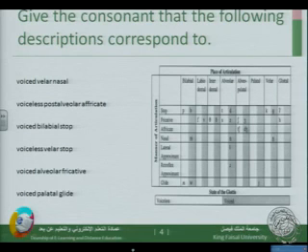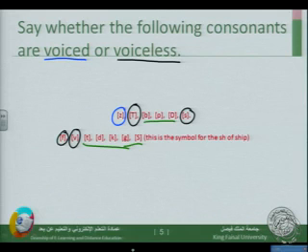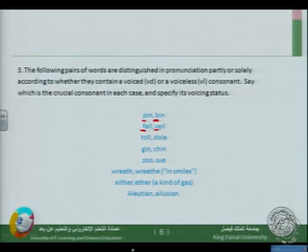Then the second exercise was which descriptions correspond to the IPA, and we have done some of them. Here we have also another example about how to identify the voiced and voiceless sounds and how to distinguish between them. It's all related to the consonants, right?